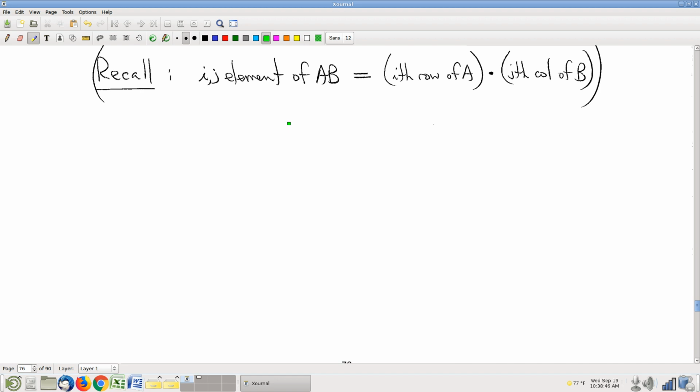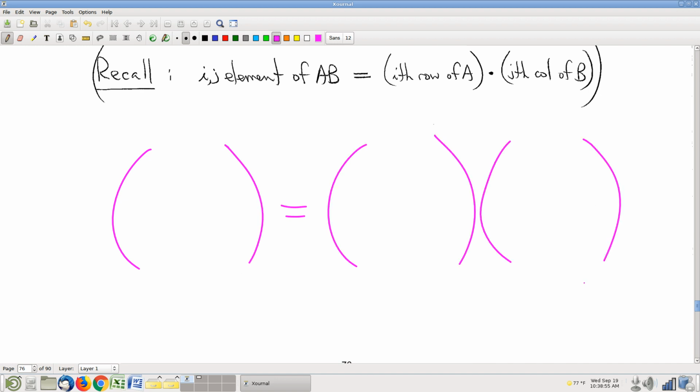Okay, here's the formula. If one matrix is a product of 2 other matrices, if you want to compute a particular element that is in what I'm going to call the ith row of the product, and the jth column of the product, I'm going to compute that particular element.